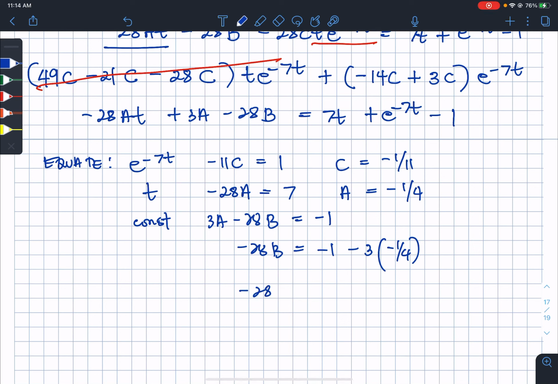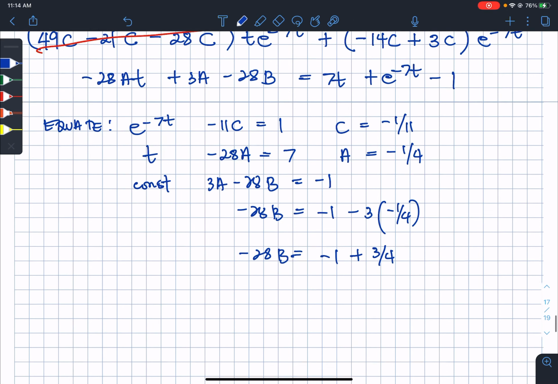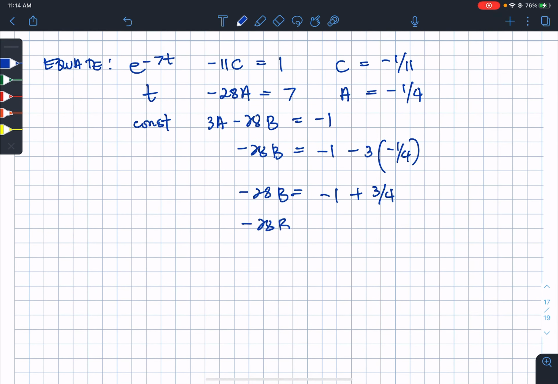So negative 28b, negative 1 plus 3/4. So negative 28b, I think this is negative 1/4. So b then is positive 1 over 28 times 4, 112, 1 over 112.